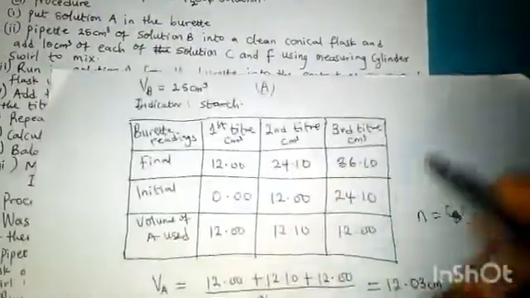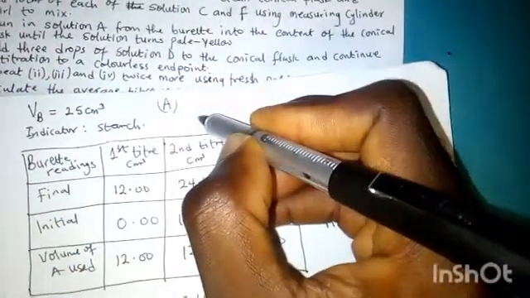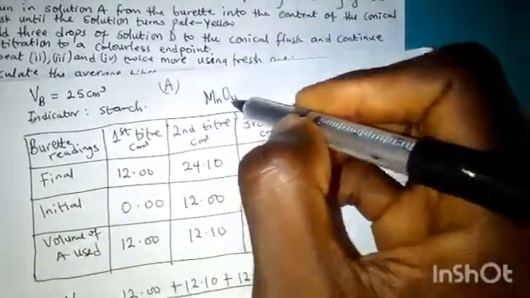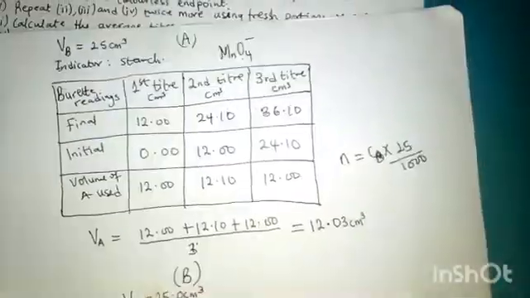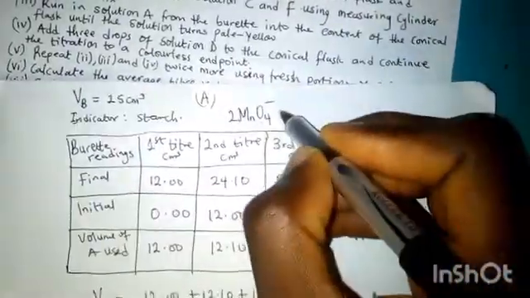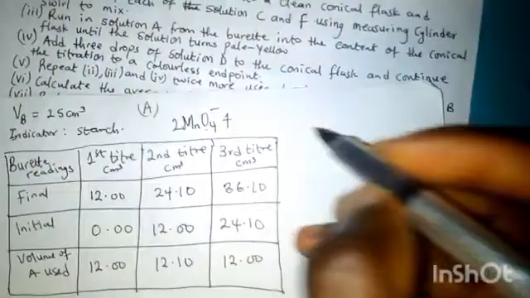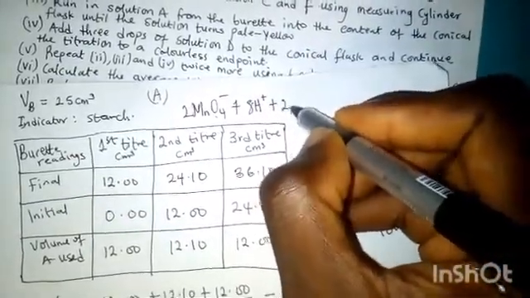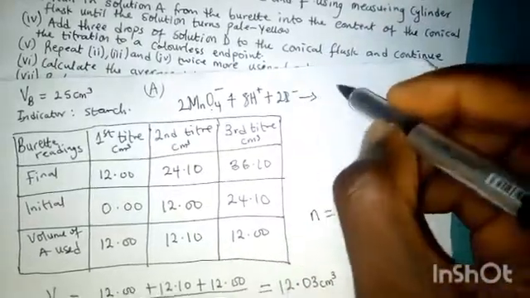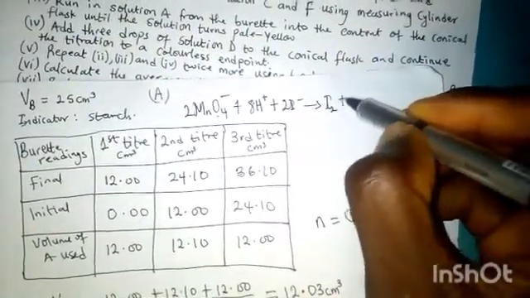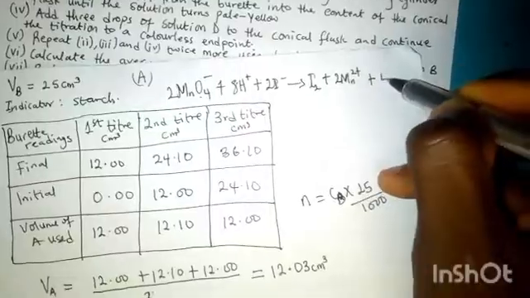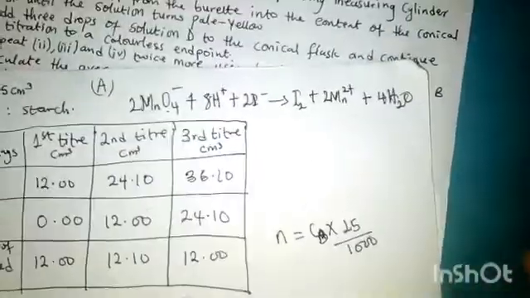The balanced equation for this first reaction would be 2 MnO4⁻ plus 8H⁺, plus 2I⁻ going into I2, plus 2Mn²⁺, plus 4H2O. So this is actually the balanced form of the equation.